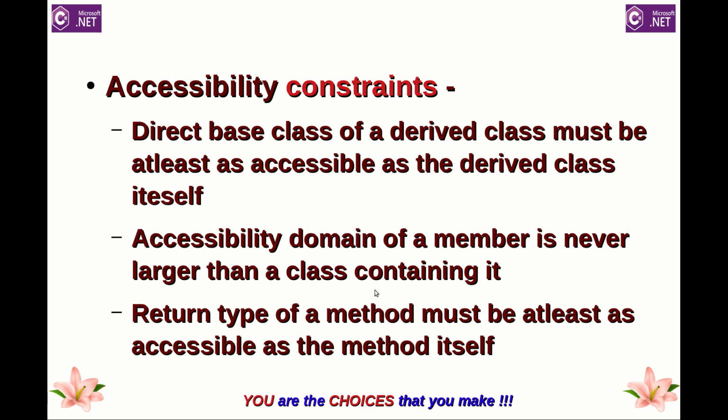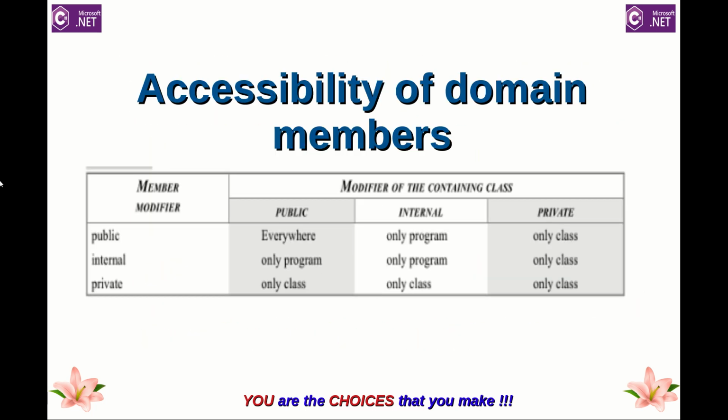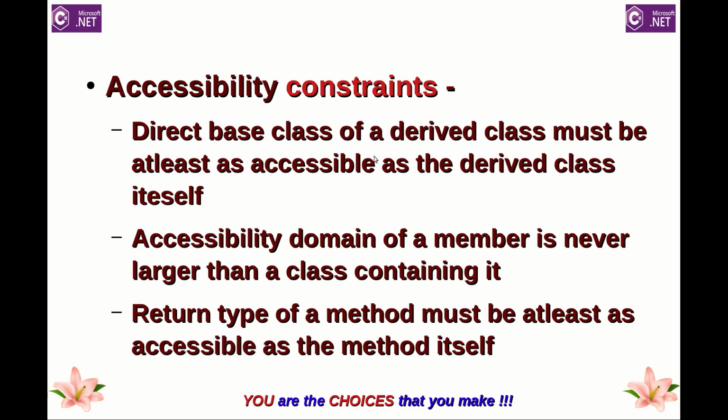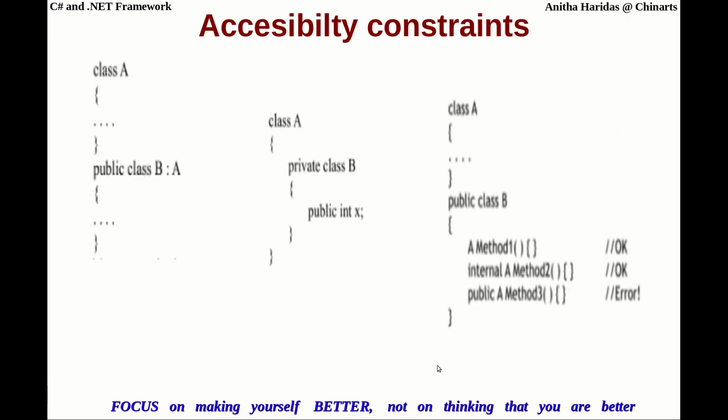That we have already seen. The examples also we have seen. Then the last one: the return type of a method must be at least as accessible as the method itself. This is also very important. Return type of a method must be at least as accessible as the method itself.